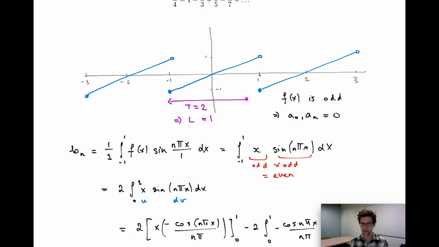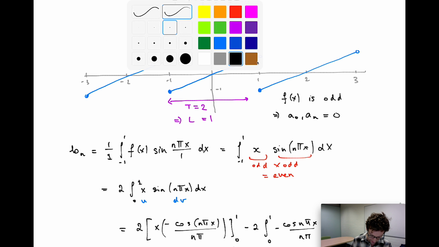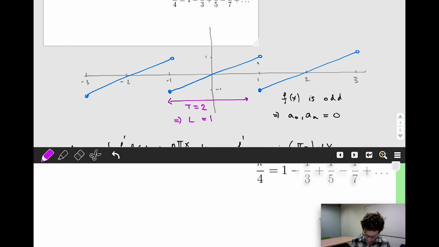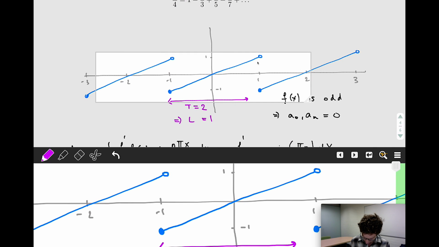And the reason it does that is because my function was discontinuous, but the Fourier series is built up of things that are continuous. It's built up of sines and cosines. So whenever I have a discontinuous function, I'm always going to end up with a Fourier series that's continuous. In other words, the Fourier series is trying to fill in those discontinuities by jumping back from 1 to minus 1.